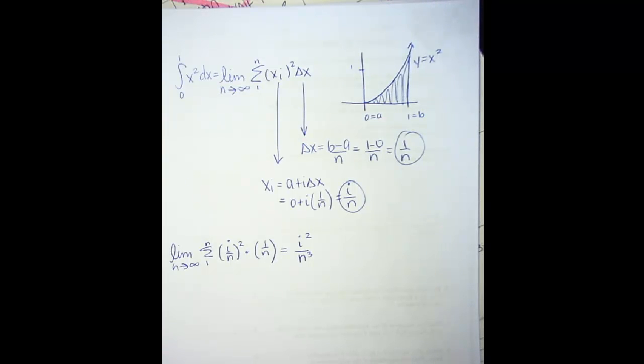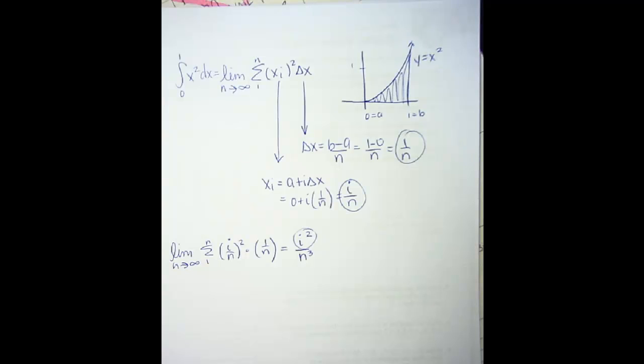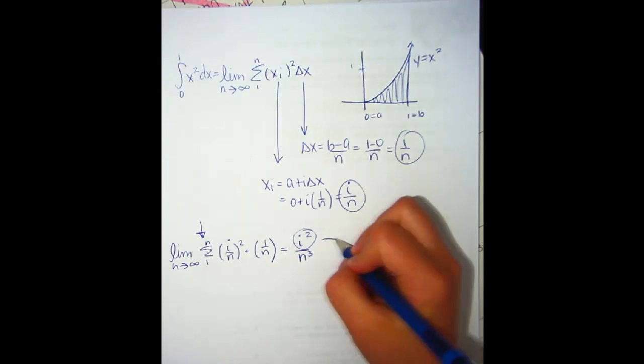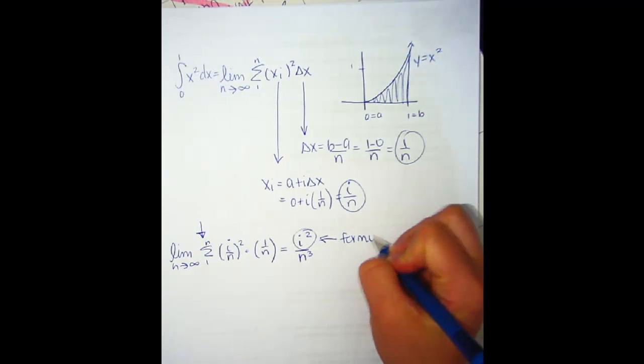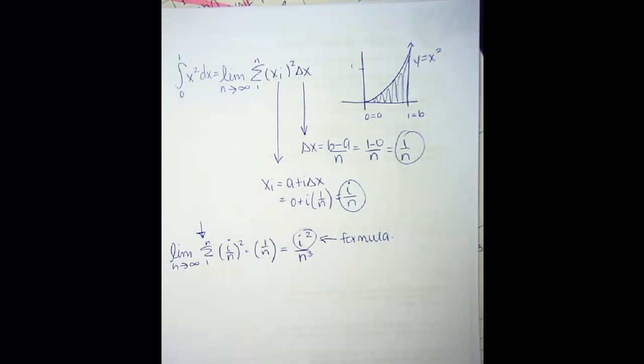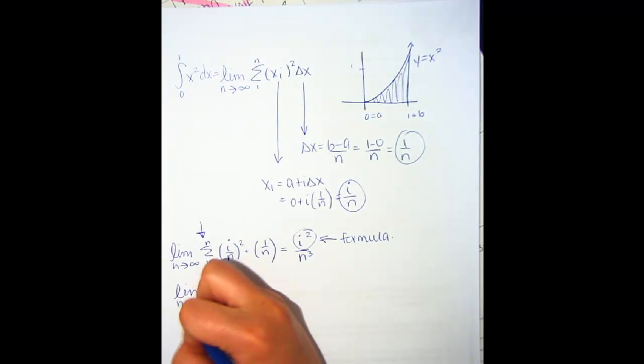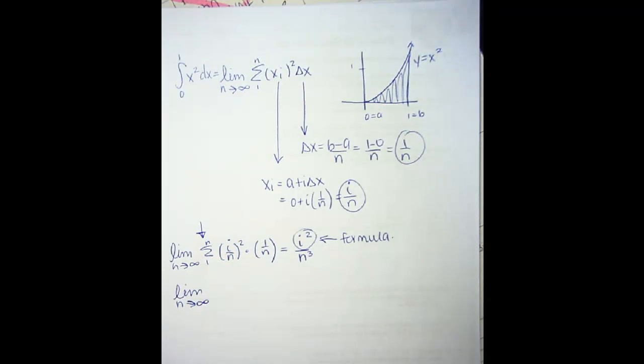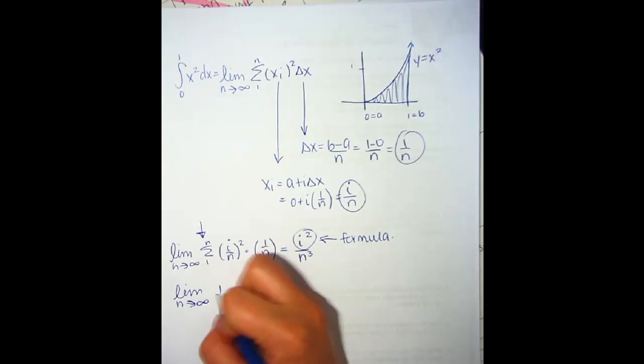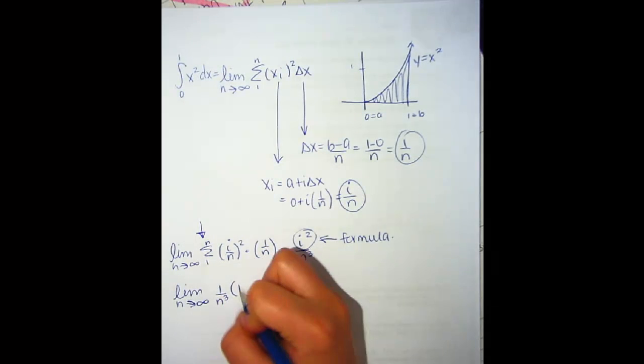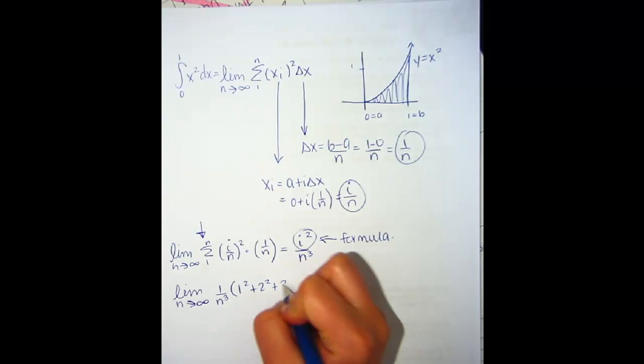Now the sum part is really this i squared, because you're really summing like 1, 2, 3, 4, but you're squaring each term. So what we can do to drop this sum notation is we can actually fill that in with the formula from the front of the page. So this is a formula that represents a sum. So really this is the limit as n goes to infinity of, when it's like 1 over n cubed times, and it's like 1 squared plus 2 squared plus 3 squared, and so on.